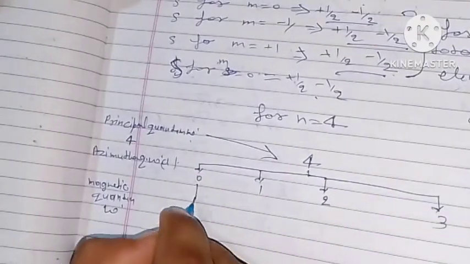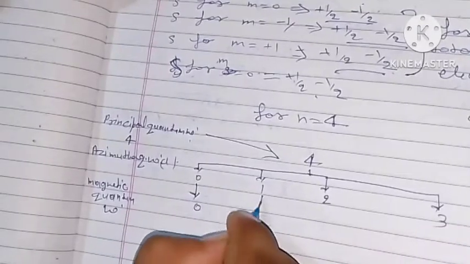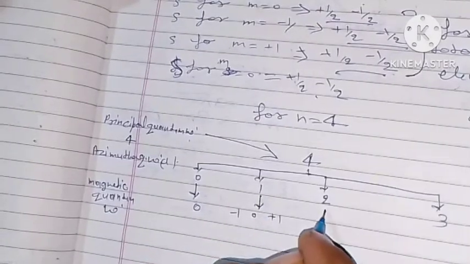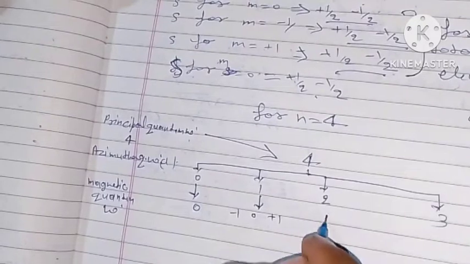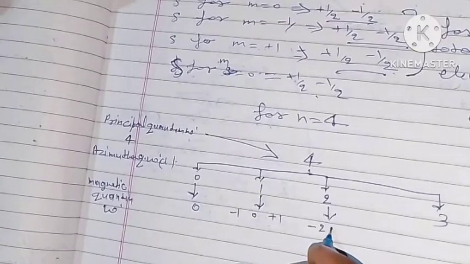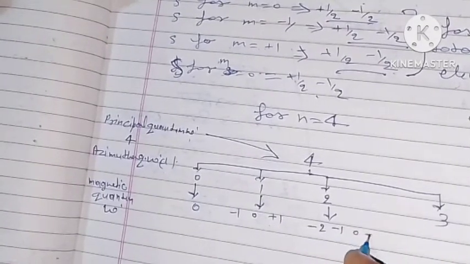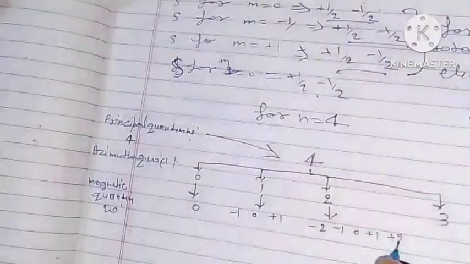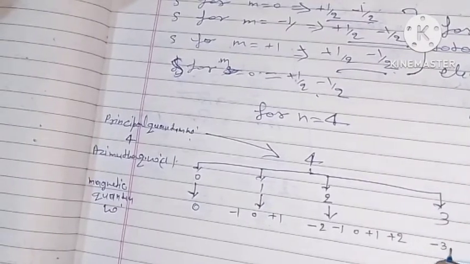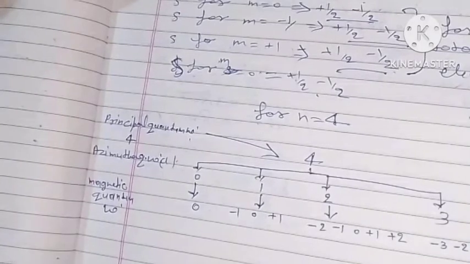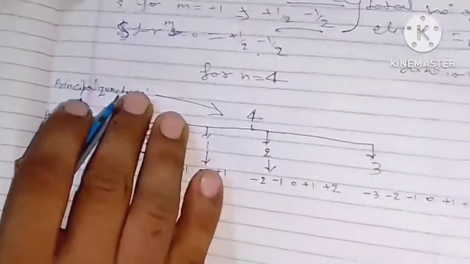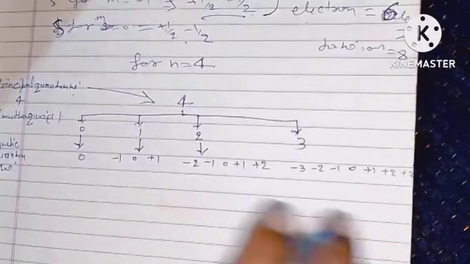For l equal to 0, m equals 0; for l equal to 1, m equals minus 1, 0, plus 1; for l equal to 2, m equals minus 2, minus 1, 0, plus 1, plus 2; and for l equal to 3, m equals minus 3, minus 2, minus 1, 0, plus 1, plus 2, plus 3.